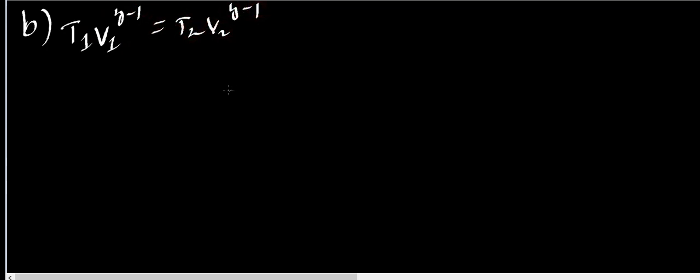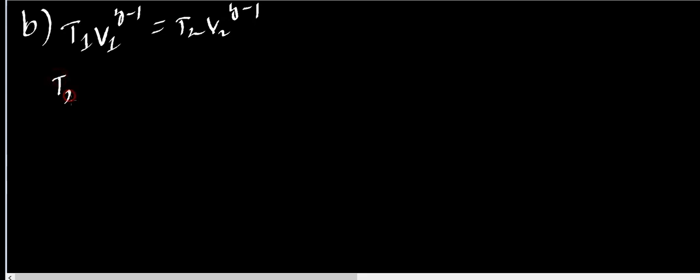Okay. For part B, using the temperature volume relationship, T1 V1 to the power of gamma minus 1 equals T2 V2 to the power of gamma minus 1.